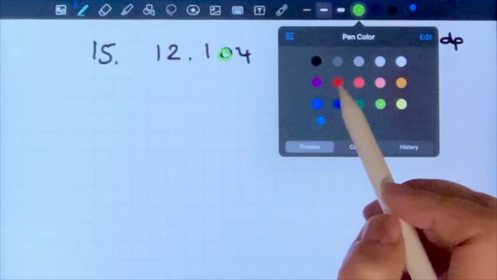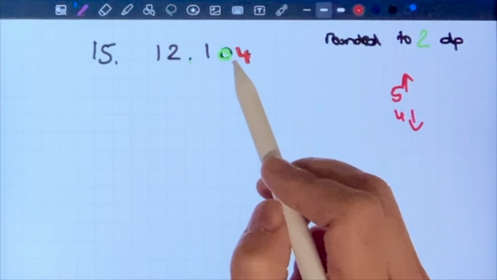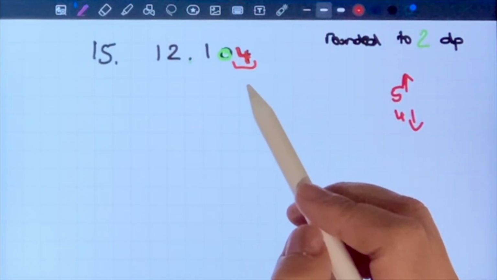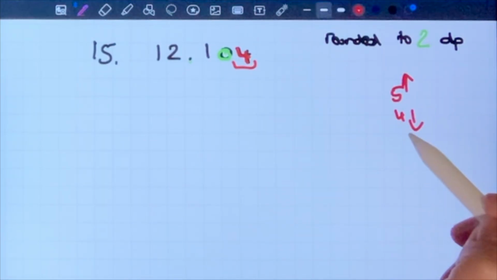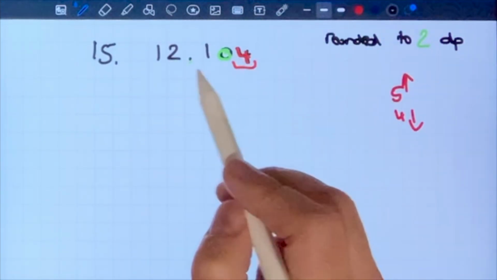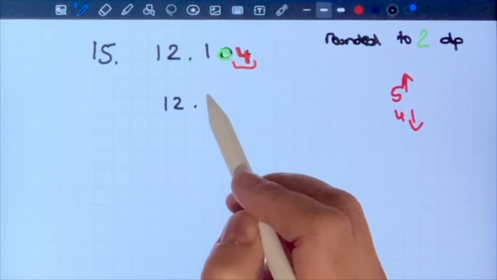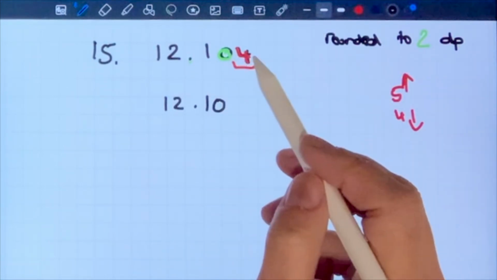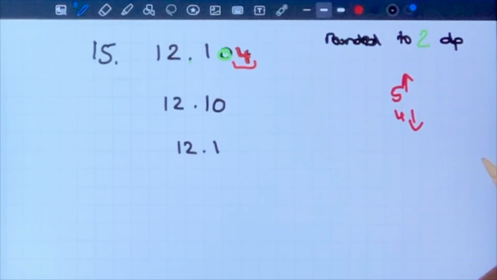So to know which way it's going to go, I'm going to look at my critical digit immediately to its right. And in this example, my critical digit is 4, which falls in the category of being rounded down. So this number will become 12.1, and this is going to remain 0 because it's been rounded down, which then means your answer is simply 12.1.